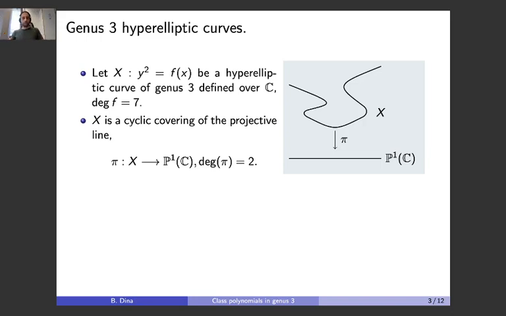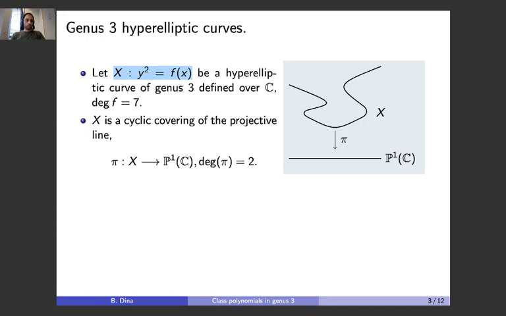The main objects today are complex hyperelliptic curves of genus 3, which are subvarieties of the projective plane with an affine model of this form: y squared is equal to f(x), where f is a degree 7 polynomial with complex coefficients.